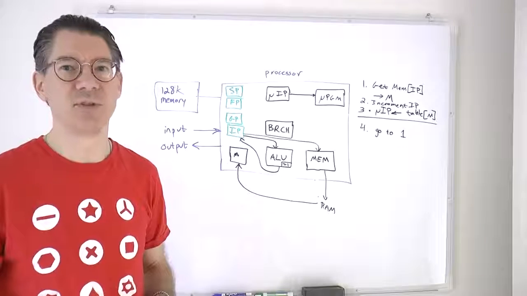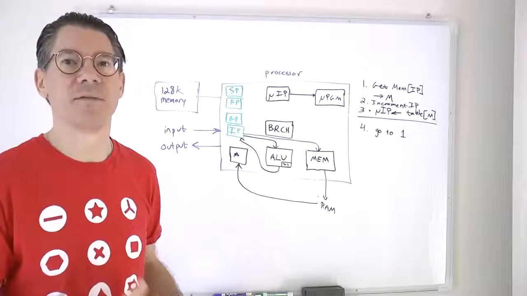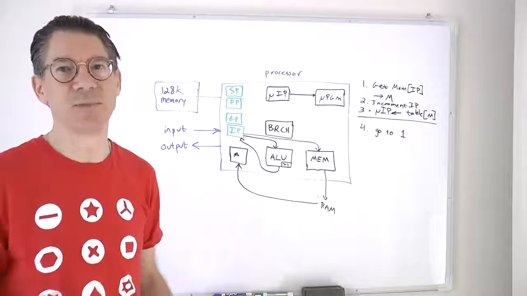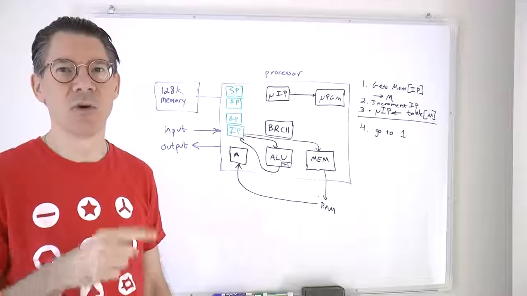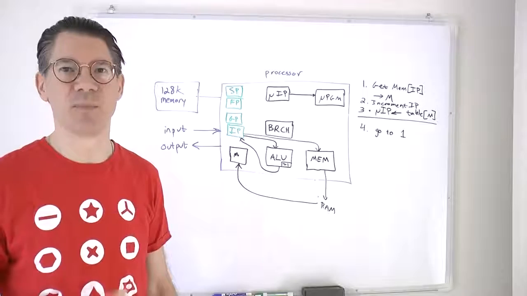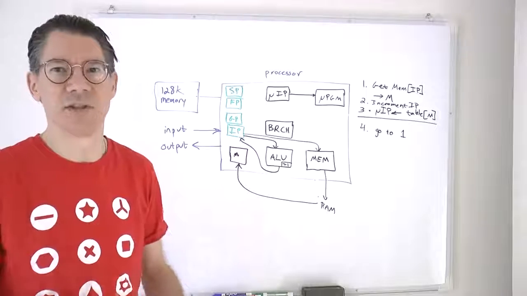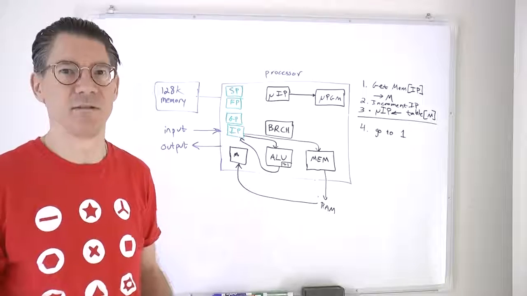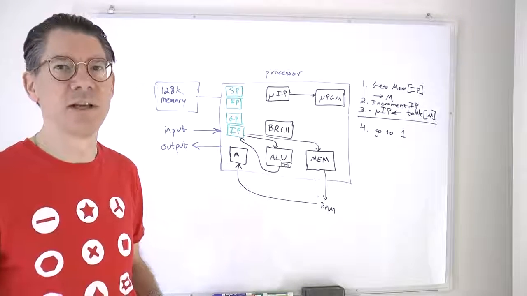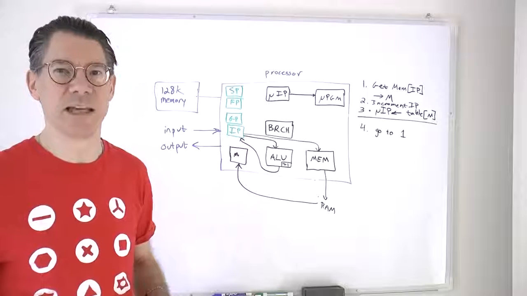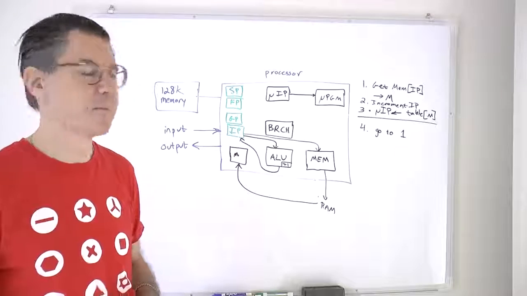Maybe all it can do is add 1 or add some offset to the instruction pointer, because typically all you're going to be doing with the instruction pointer is either incrementing it or going to another address based on an offset, or possibly loading the instruction pointer with a constant, for example, when you jump to a location or when you go to a subroutine. So that would be an extremely limited ALU, and that could have its own dedicated hardware.